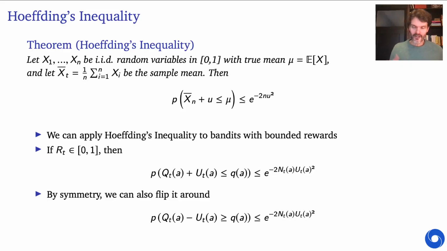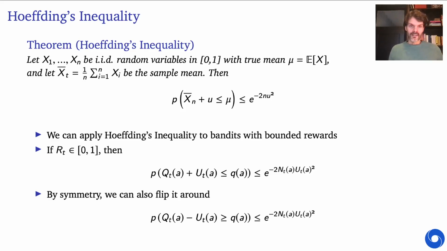These are all just random variables drawn from the same distribution. And in particular, for simplicity of the theorem statement, let's assume that these are all between 0 and 1. The theorem is easily extended to more general cases. But for simplicity, we're just going to assume that all of the rewards are between 0 and 1. There will be some true mean, the expected value of X for any X in this set, and this is going to be mu.